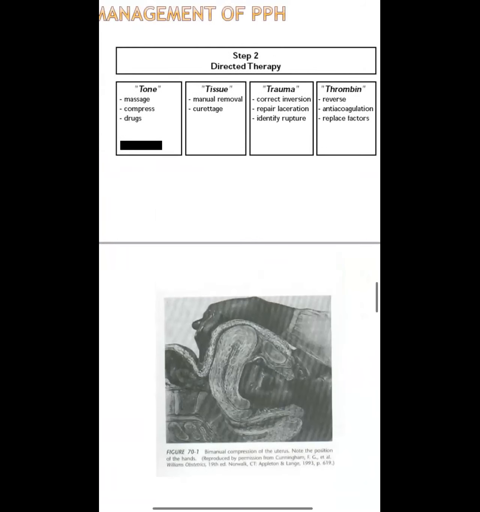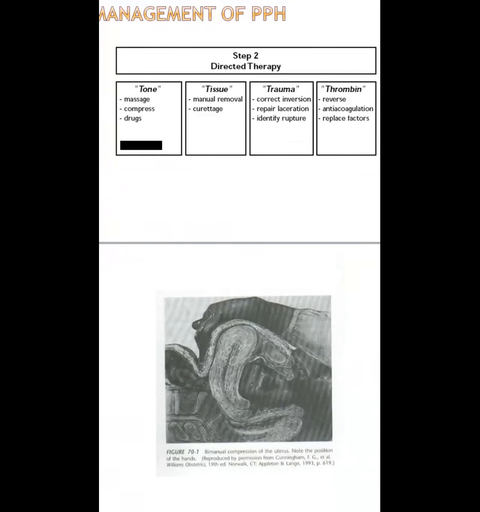So as I told you before, the 4 T's cover the cause, and treatment is according to the cause. For tissue, manually remove it, and review whether any part of the placenta or membranes remains; if so, it must be removed.